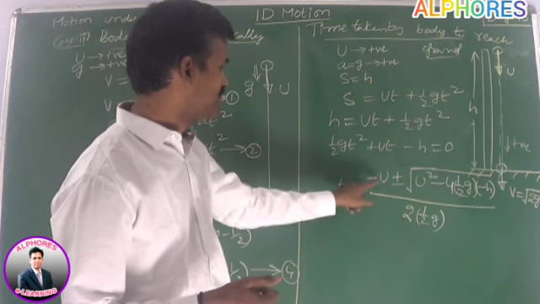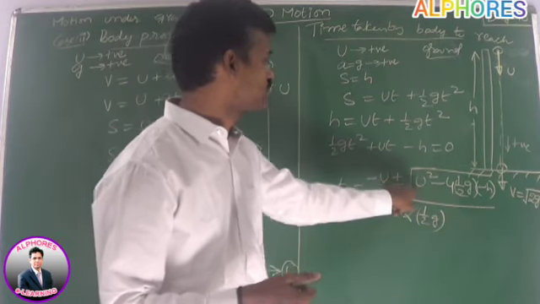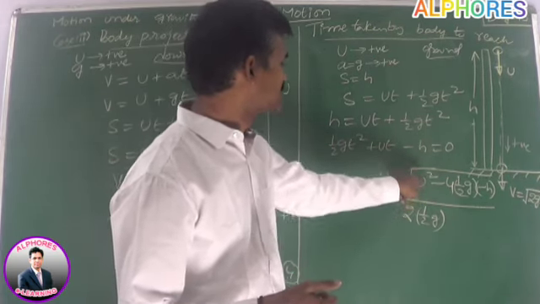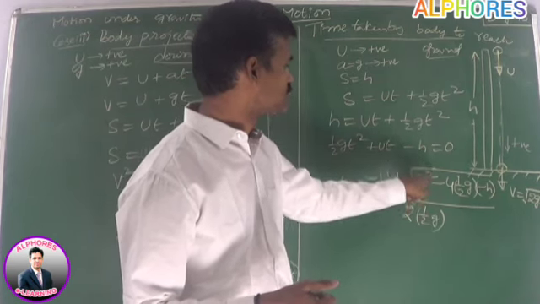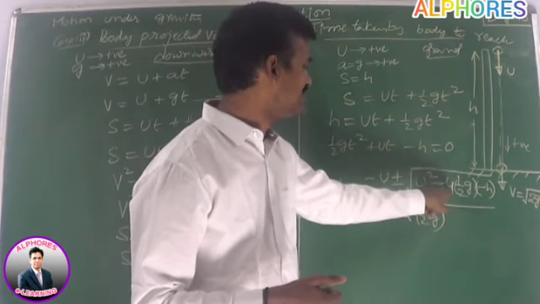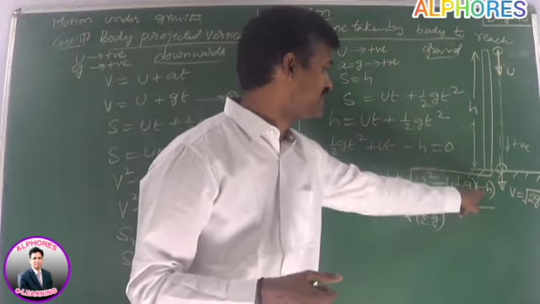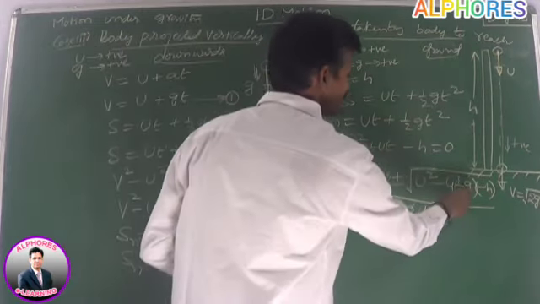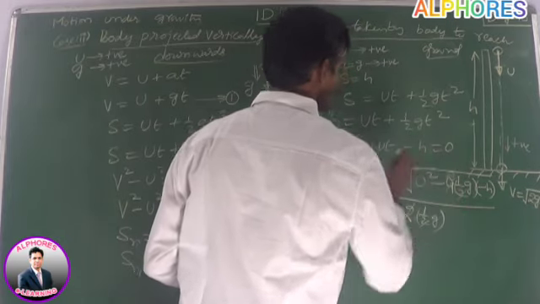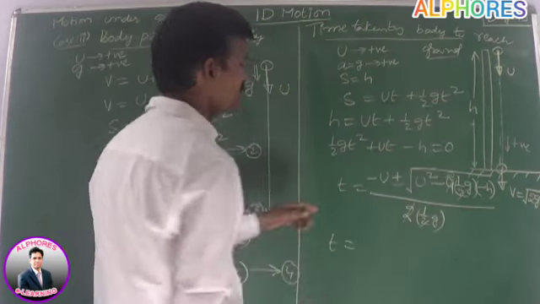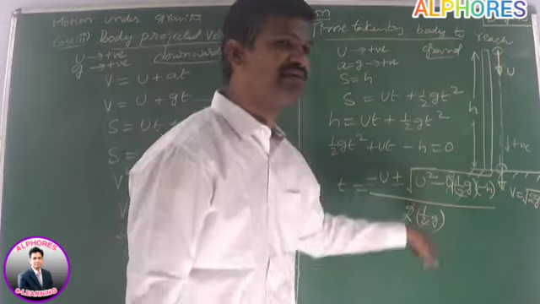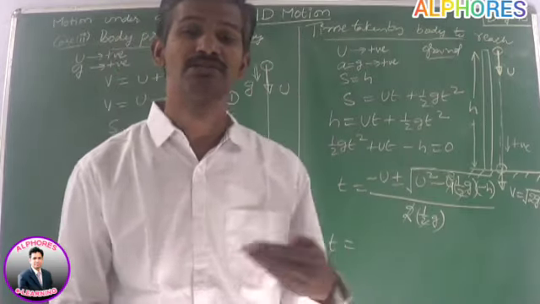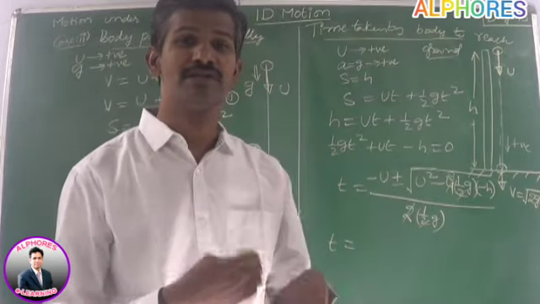So the time is minus u plus or minus root of u square minus 4ac, a is half g, c is minus h, by 2 times half g. This 2 gets cancelled. If you consider the negative root, the total time will be negative. We always move in the positive direction of time; I already told that point.